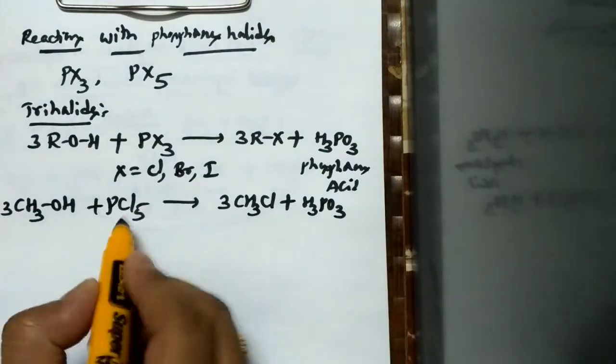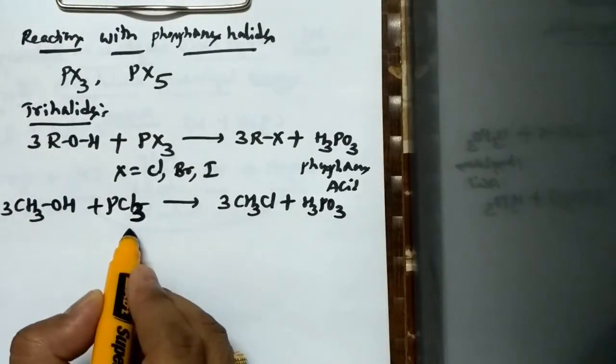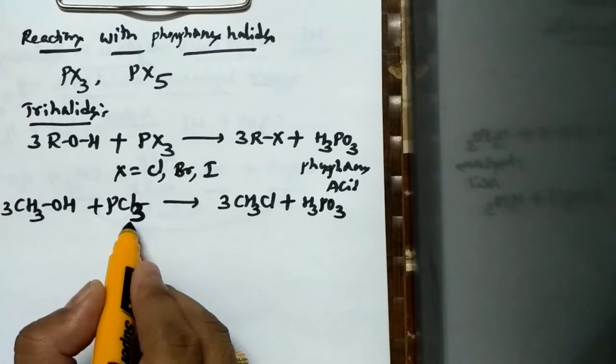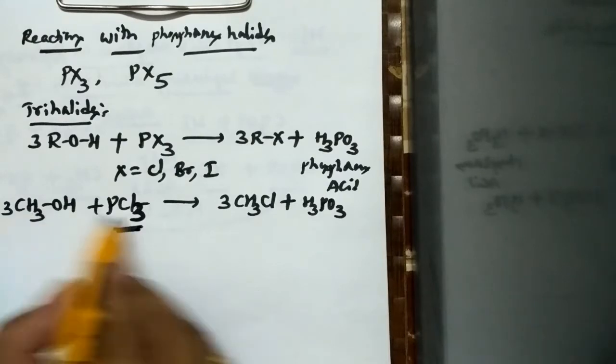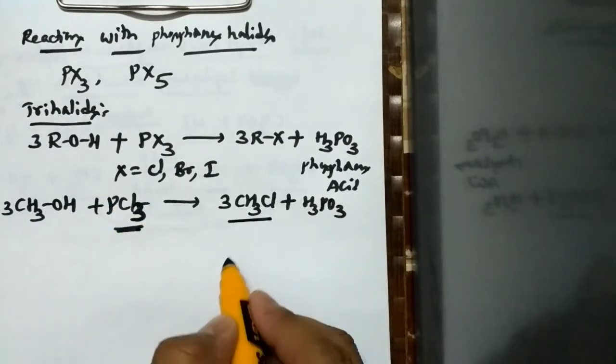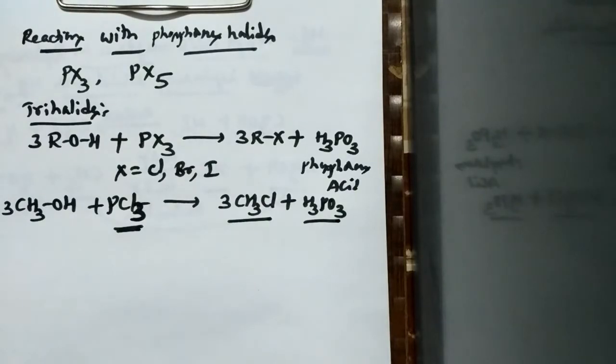So 3 moles of alcohol combine with 3 moles of PCl3 to form 3 moles of methyl chloride along with the formation of phosphorus acid.